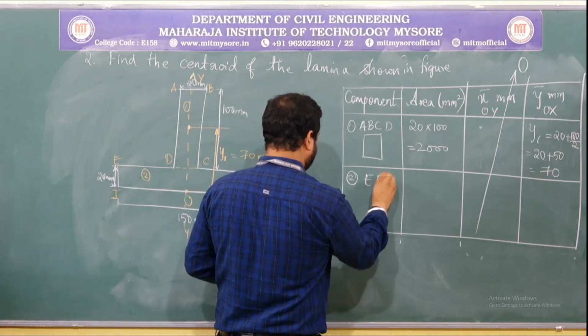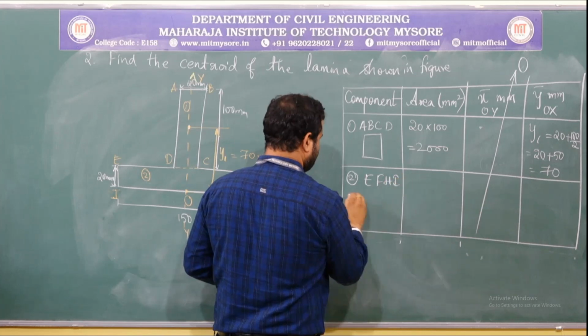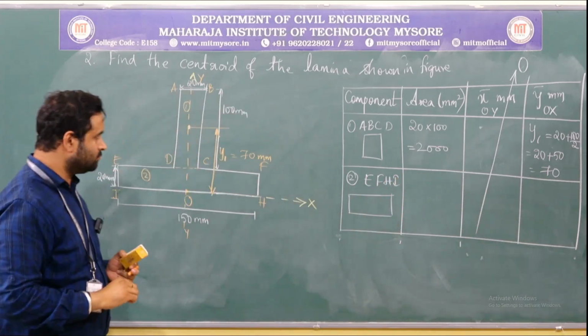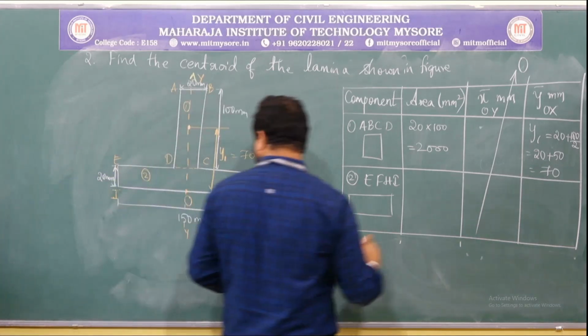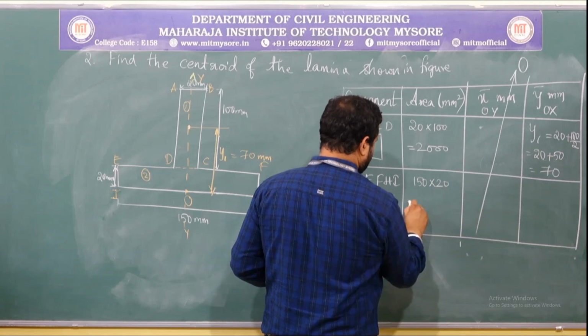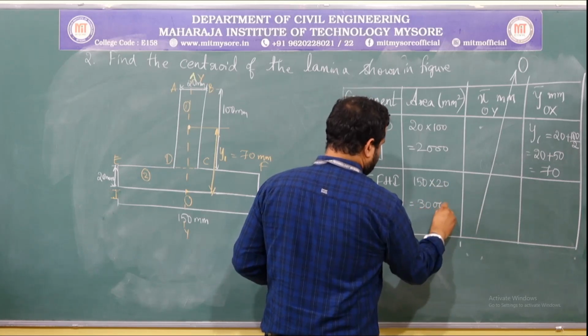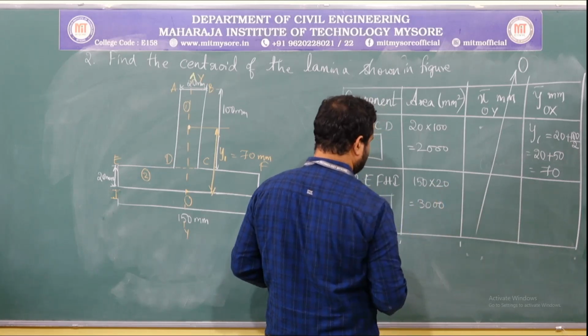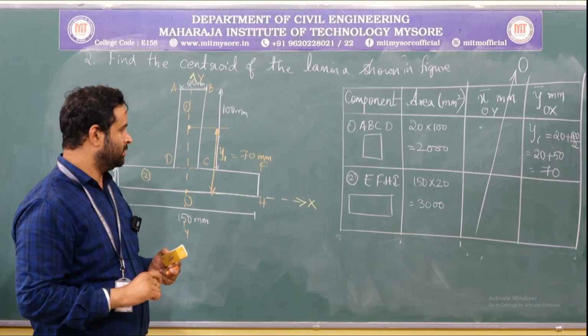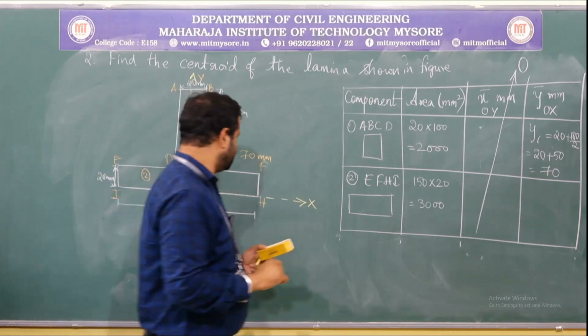Now, let us take the second component, E, F, H, I, and the rectangle is like this. Its area, 150 into 20, which is 3000. Okay. Next, 150 into 20 is 3000.